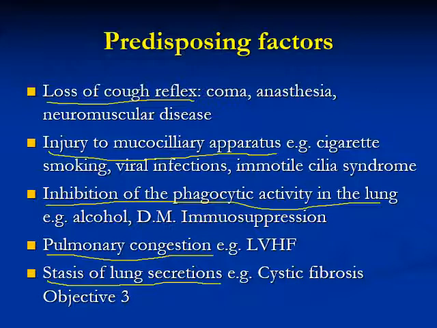Mainly this occurs in cystic fibrosis or bronchiectasis. So these are the main predisposing factors for pneumonia or chest infection: loss of the cough reflex, injury to the mucociliary apparatus, inhibition of the phagocytic activity in the lung, pulmonary congestion, and stasis of the lung secretion.